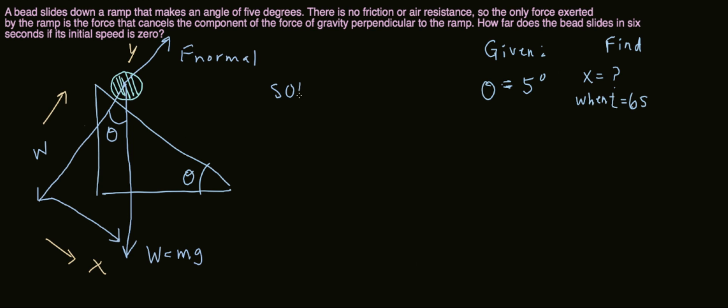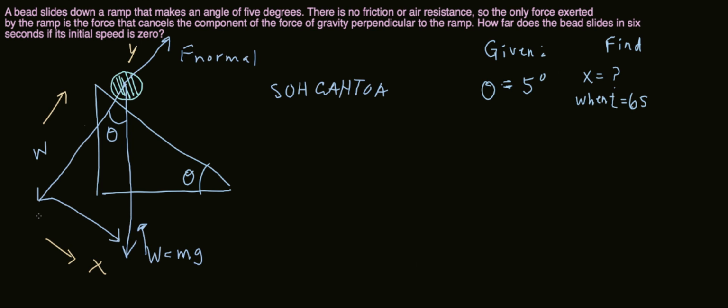So we can use SOHCAHTOA. Opposite is sine over hypotenuse. So this is actually the hypotenuse, the weight.